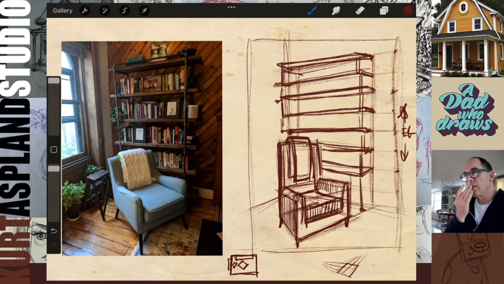Now I could refer to our photograph and get some books in here. All I'm going to do is just indicate with some lines. I might put a little tone back here to help show there's a book there. Different sizes, different values in here to give some variation.